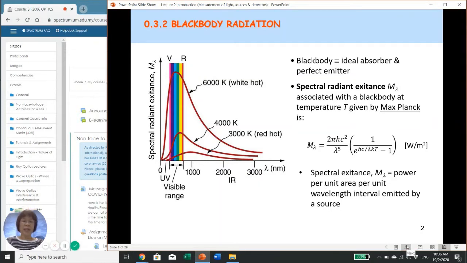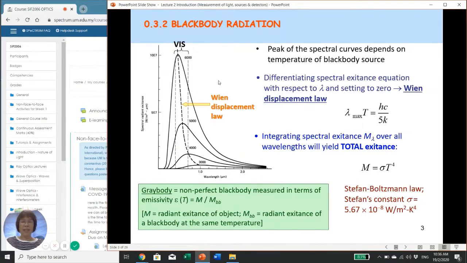All right, then let's look at what we call Wien's displacement law. Now this would be to map the peak of each of the blackbody radiation spectrum. As you can see here, this dotted line is mapping the peak, and you find that they actually drop as the temperature decreases.